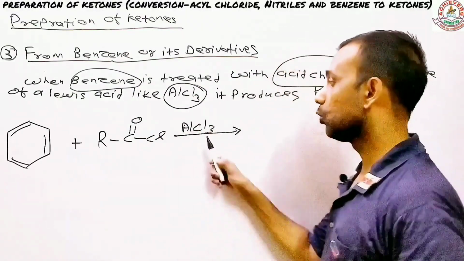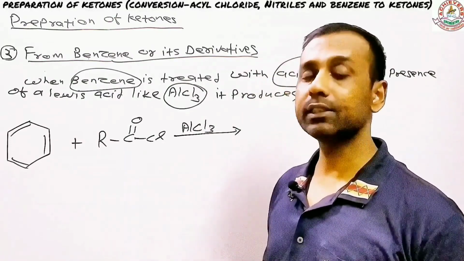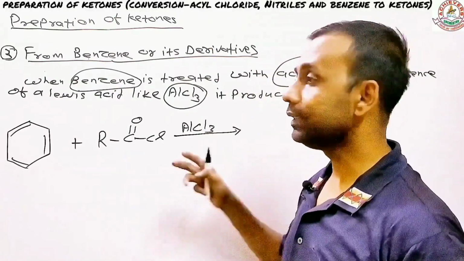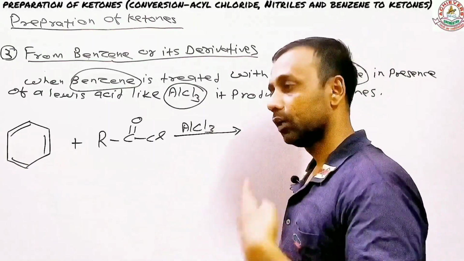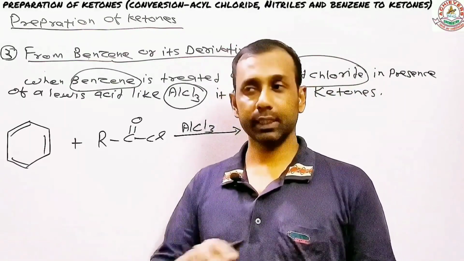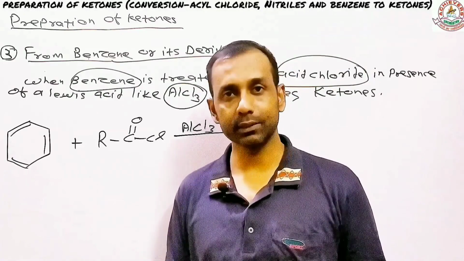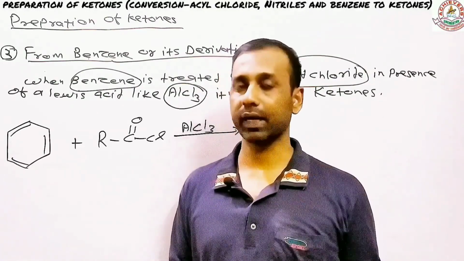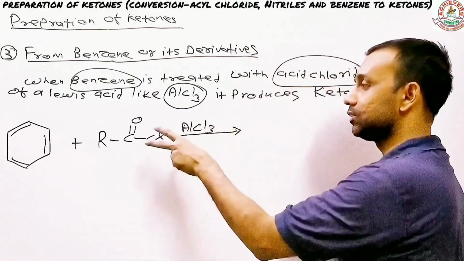If you want to know the role of AlCl3, this is an electrophilic substitution reaction, so this actually initiates the reaction. In case you need more about the role of AlCl3, check out the 11th part of organic chemistry in hydrocarbons, where there is an entire mechanism of how electrophilic substitution reaction takes place and why it takes place. Right now I cannot go back there because that will mess up everything here. So I would say this initiates the reaction.